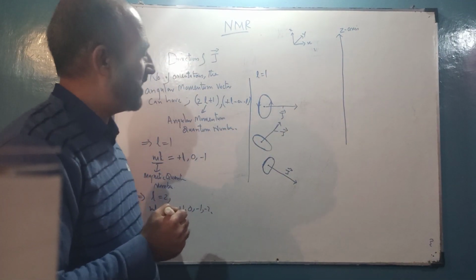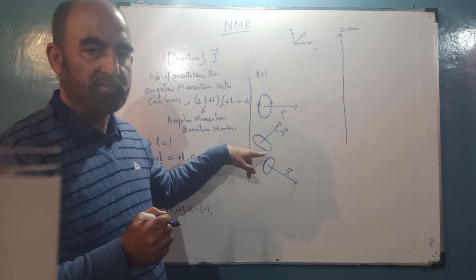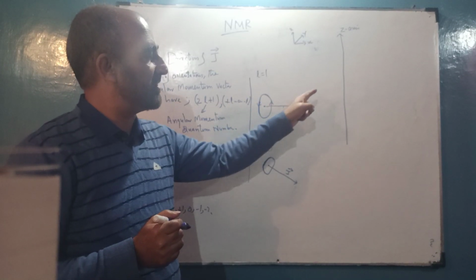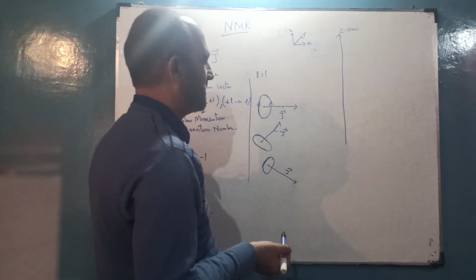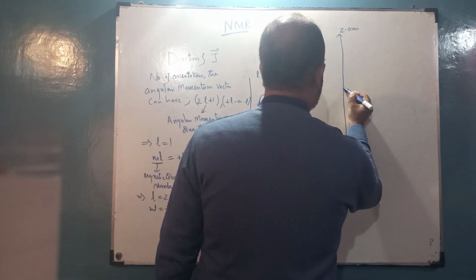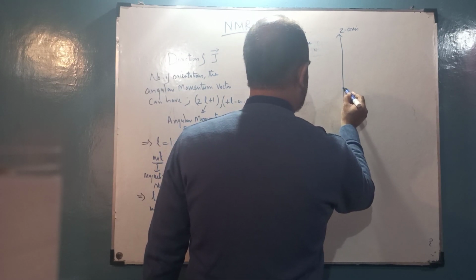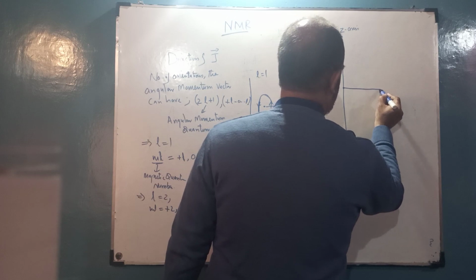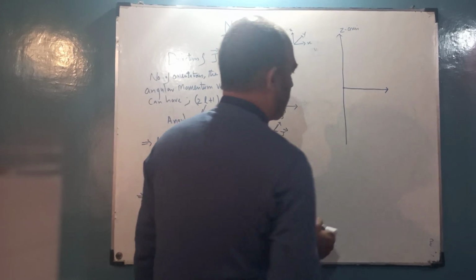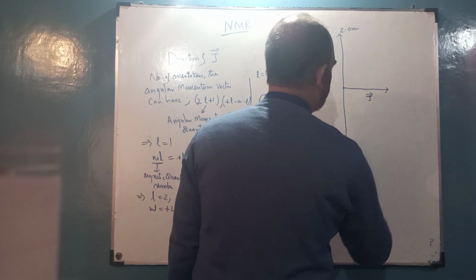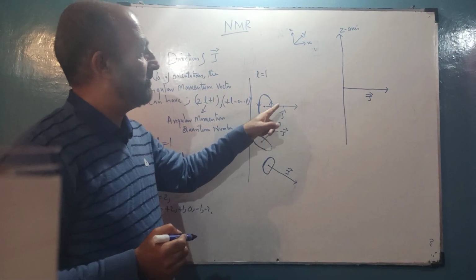So when L is equal to 1, we have 3 orientations for the angular momentum vector, and now I can show the directions of these vectors on this scale with reference to the z-axis. For example, I can show it here, this orientation of the angular momentum vector is like this. Now, what is the orientation of the angular momentum vector vis-a-vis the z-axis?